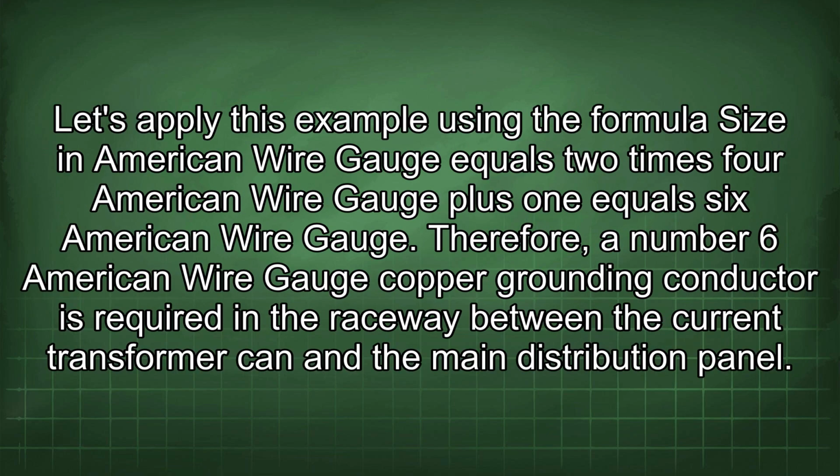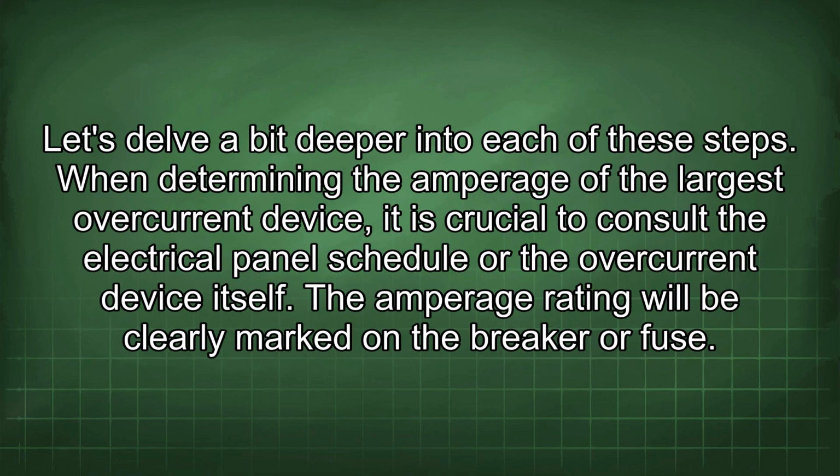Let's apply this example using the formula: size in American wire gauge equals 2 times 4 American wire gauge plus 1 equals 6 American wire gauge. Therefore, a number 6 American wire gauge copper grounding conductor is required in the raceway between the current transformer and the main distribution panel. Let's delve a bit deeper into each of these steps.